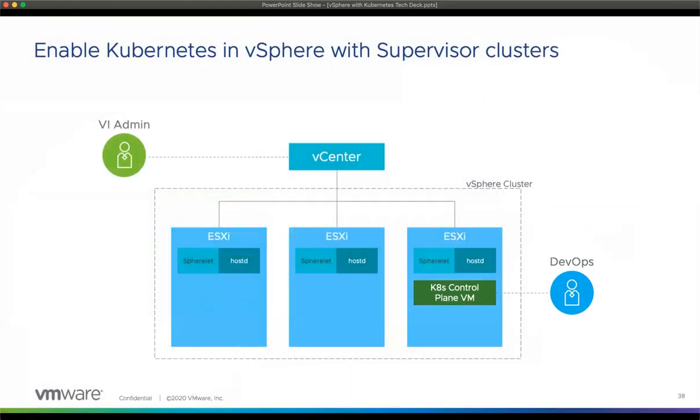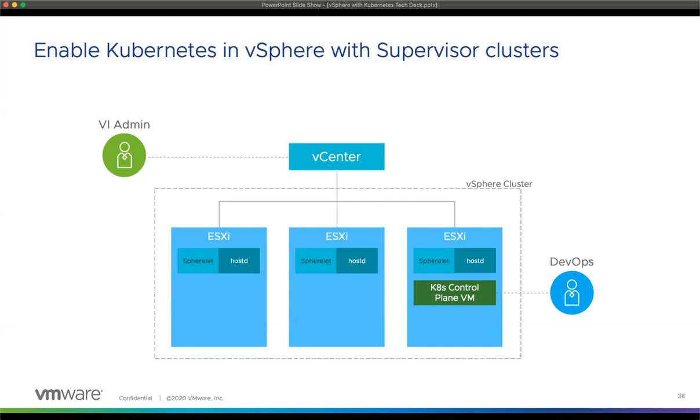Oh, sorry, the spherelet. If you were running Kubernetes bare metal and you have a number of worker nodes, they would have something called a kubelet, K-U-B-E-L-E-T. We ported the kubelet functionality to ESXi.